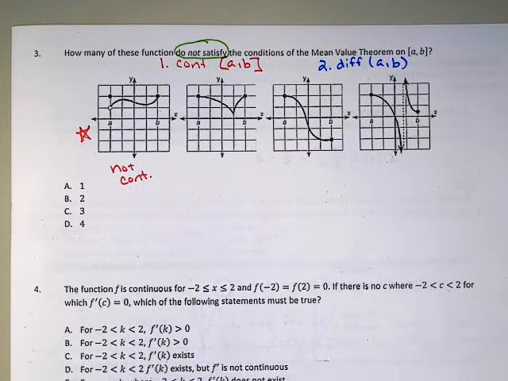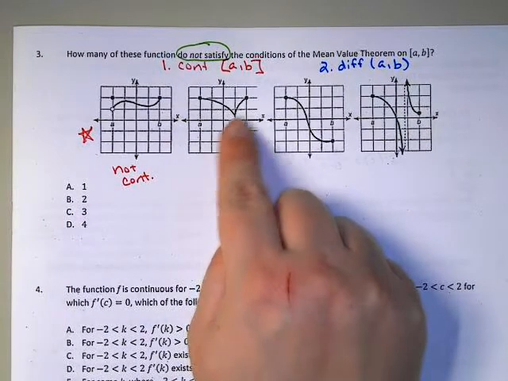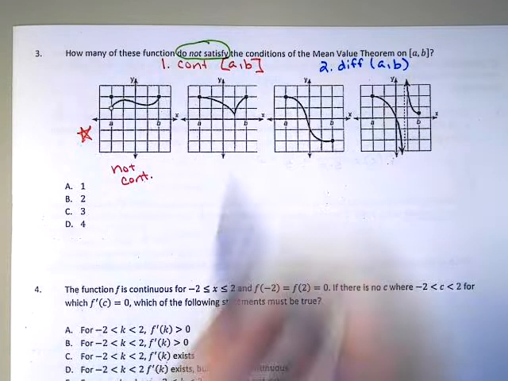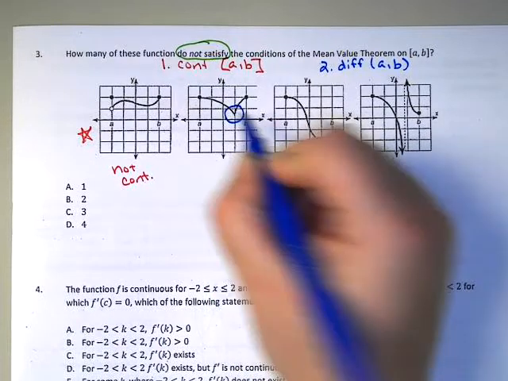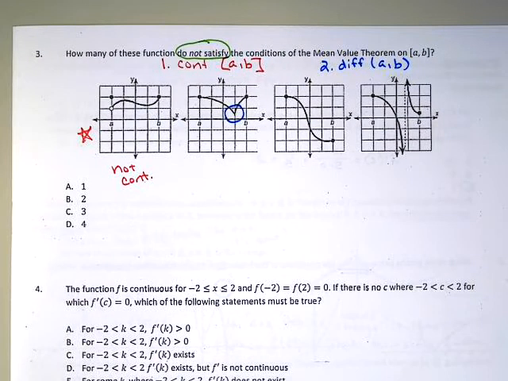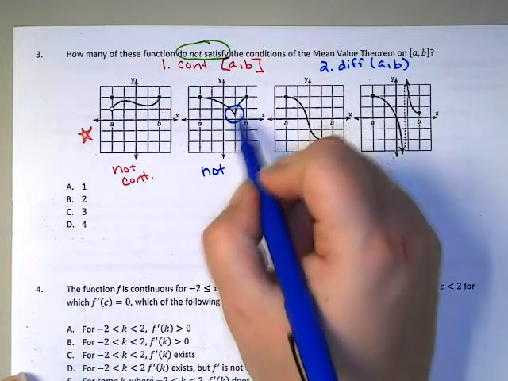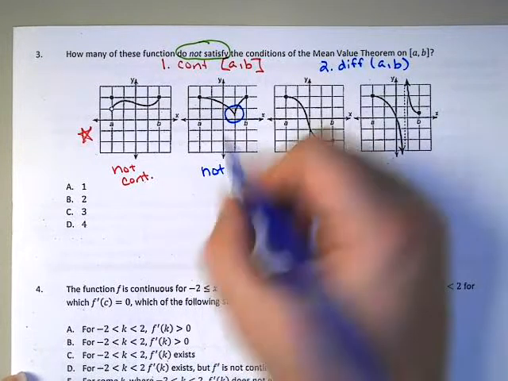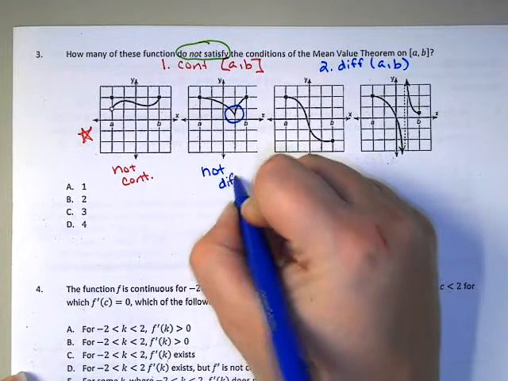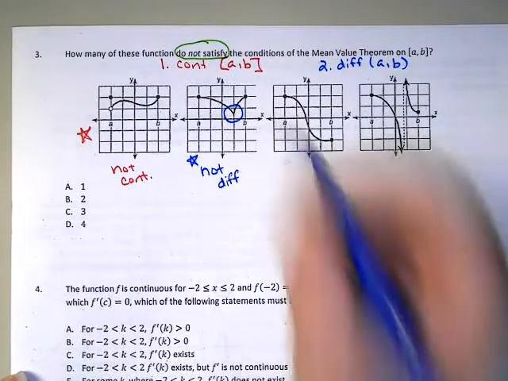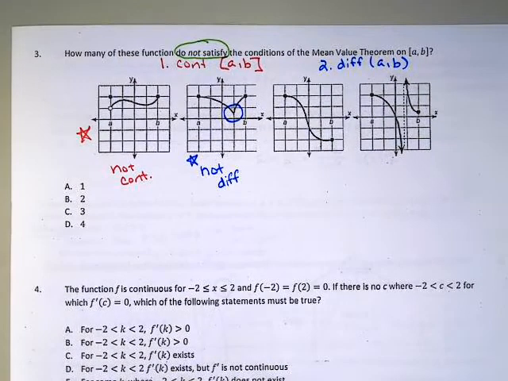For the second one, it's continuous everywhere, which is great, but the problem here is that it's not differentiable everywhere. There's either a cusp or a corner going on there. Kind of looks like a cusp to me. But either way, it's not differentiable on the interval, which means that is also a problem.